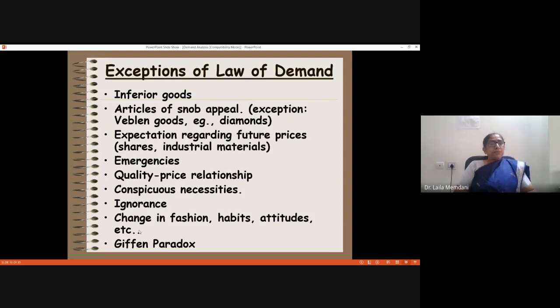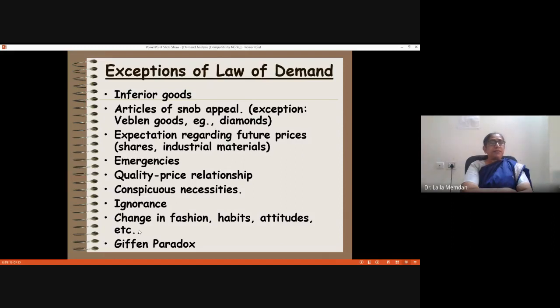And sometimes people are ignorant. They don't think that there may be no quality-price relationship. Sometimes you may get better quality at lower price also. They are ignorant about that. Sometimes they are ignorant about the prices prevailing in other markets, or they do not know about the future prices. Then there are changes in fashion, habits, attitudes, etc. That is, the other things do not remain same. The assumption of law of demand does not apply.